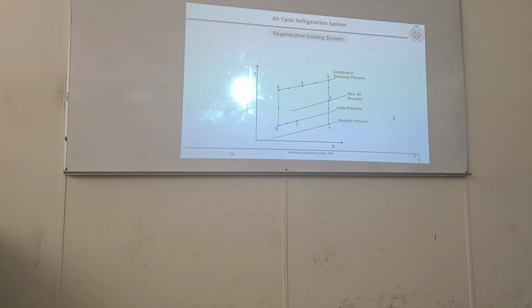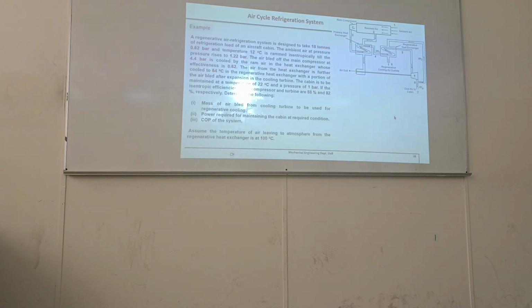Now let's solve a numerical and this will be further clear. So here our regenerative air refrigeration system is designed to take 18 tons of refrigeration load. So this 18 tons represents the Q dot cooling of the aircraft cabin. The ambient air at pressure 0.82 bars and temperature 12 is rammed isentropically.